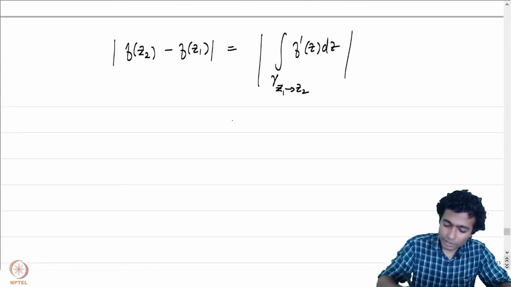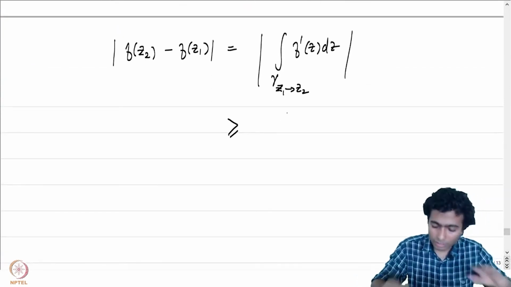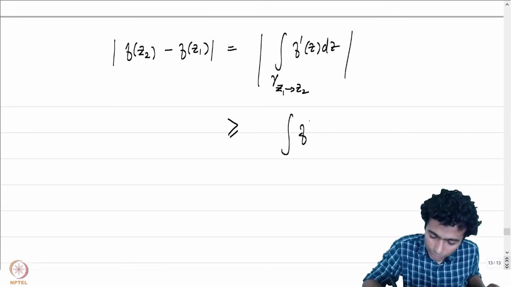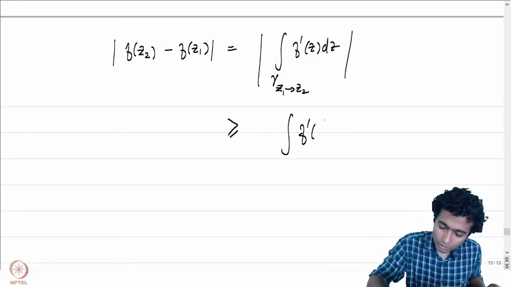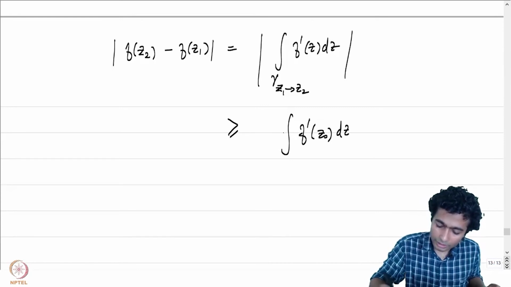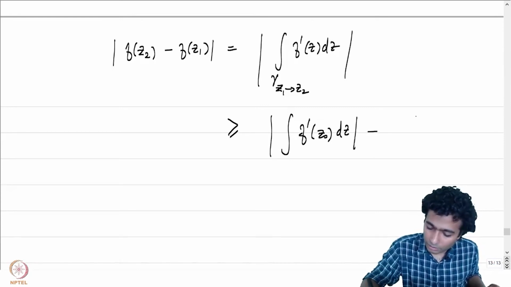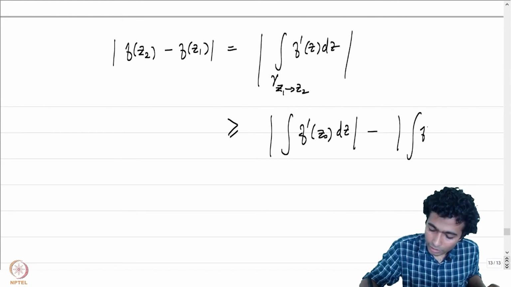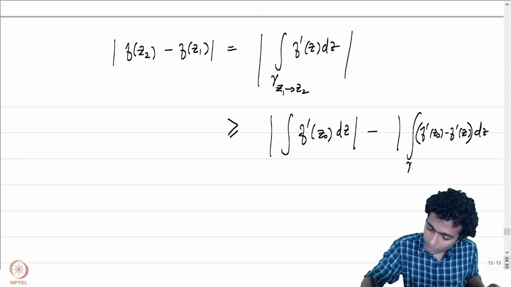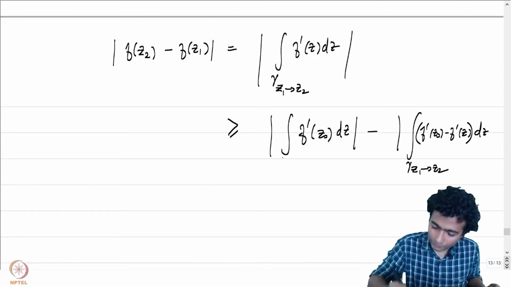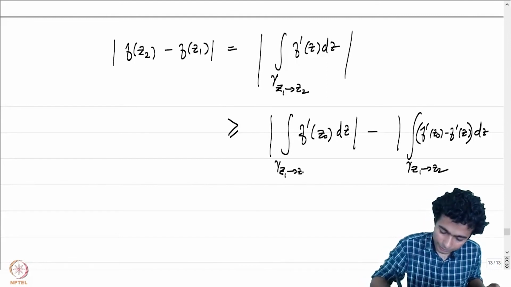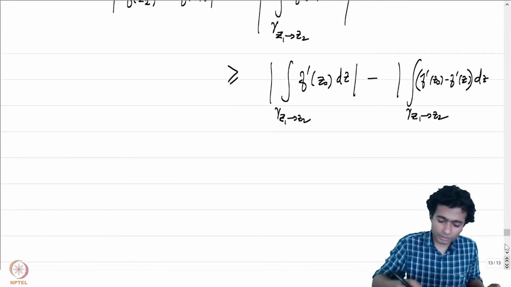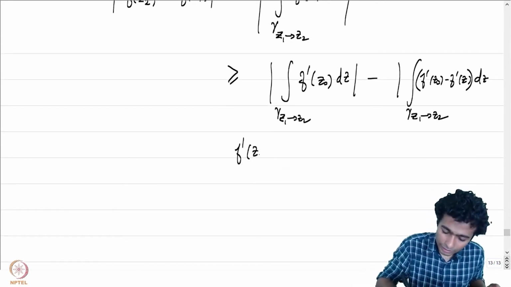Now that is going to be greater than or equal to, by the triangle inequality again, captured in the following manner: the absolute value of the integral of f prime of z0 dz minus the absolute value of the integral of f prime of z0 minus f prime of z dz over gamma Z1 to Z2. The first one is just f prime of z0 times z1 minus z2.